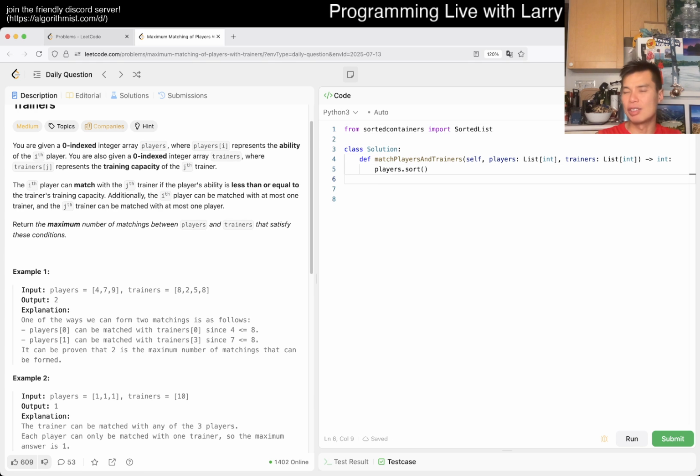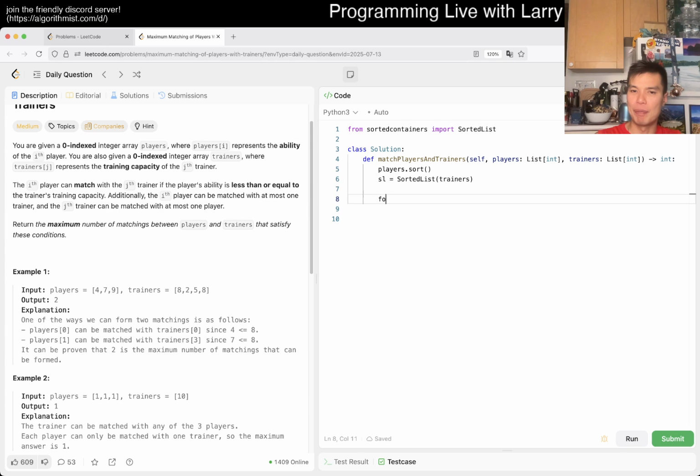But I imagine that you can write your own binary search, balanced binary search tree, and that'll give you the log n thing as well, right? So yeah, SL is equal to sorted list of trainers, right? And then now for P in players, we can find.